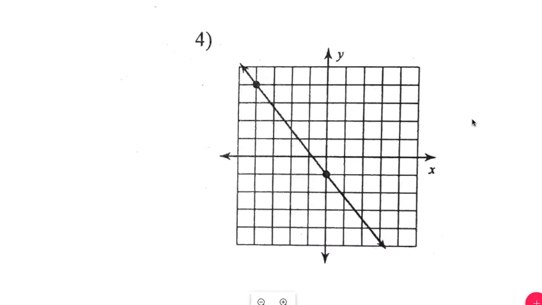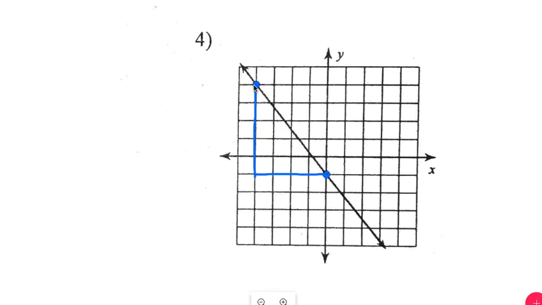Number 4, they give us our 2 points. Maybe I want to start at the top point. And now you can draw your rise and run first and then go back and count it if you want, or you can count as you go. It doesn't matter either way.